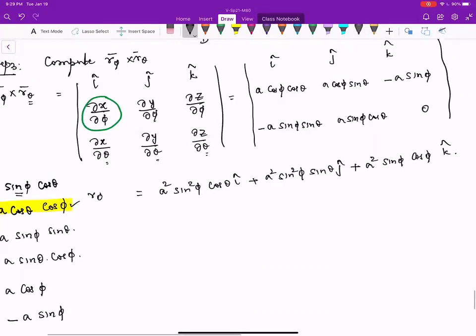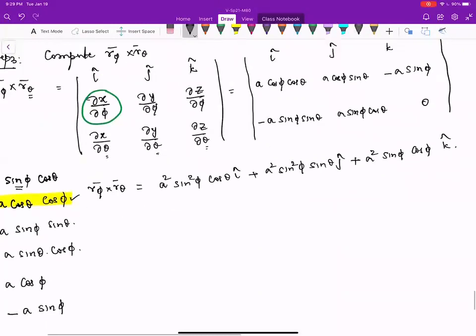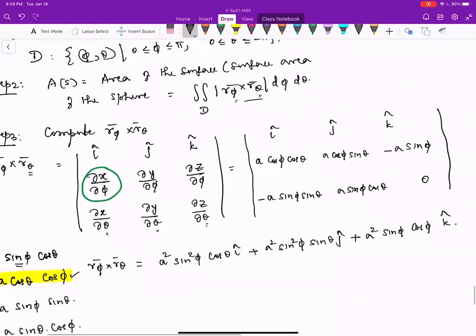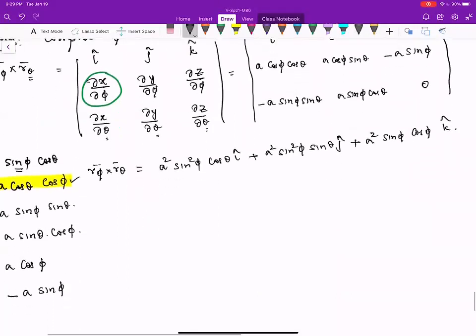All we have done is r phi cross r theta. For the formula that we use, we need the length of this vector.